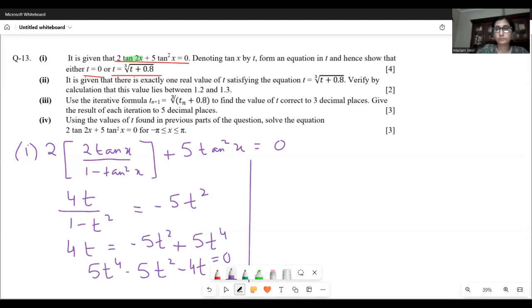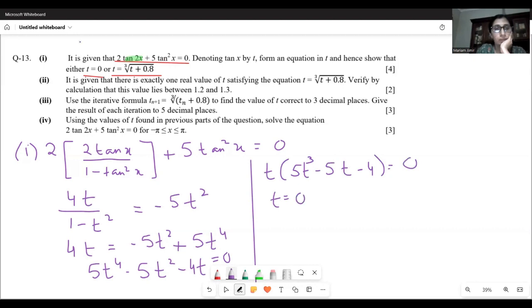Take t common: 5t cubed minus 5t minus 4 equals 0, which gives us t equals 0.